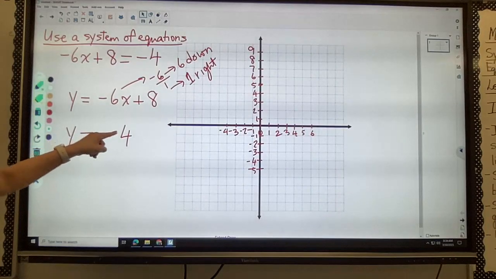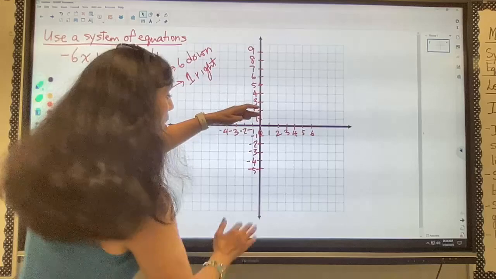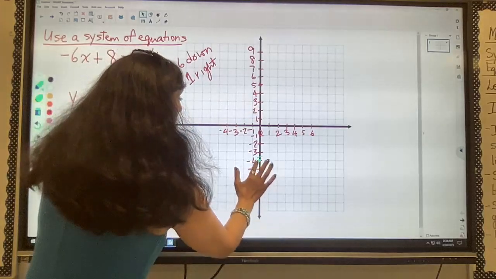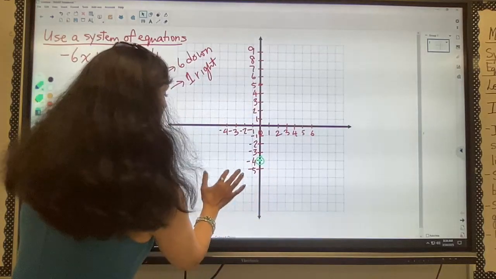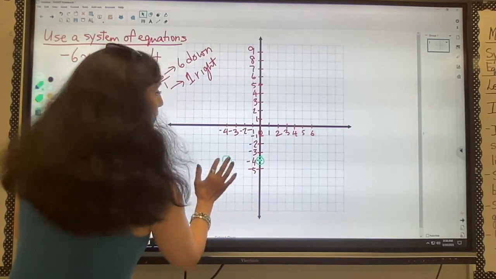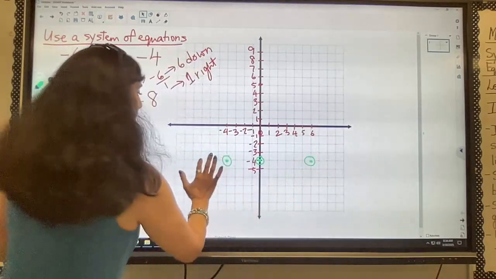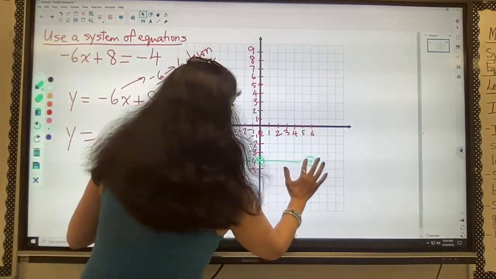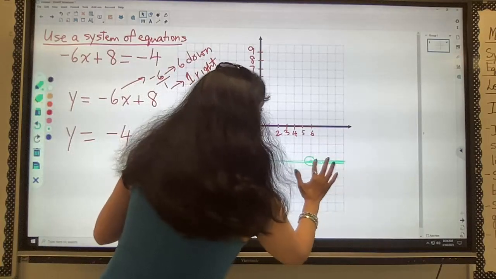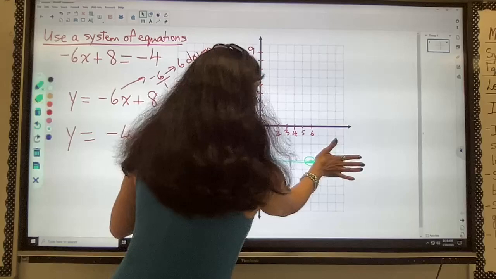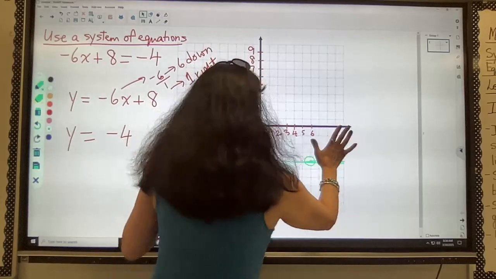If y is negative 4, so if x is 0, y is negative 4. If x is negative 4, y is negative 4. So it doesn't matter what x is, y is going to be negative 4. Okay, so hold on, just trying to, there we go.